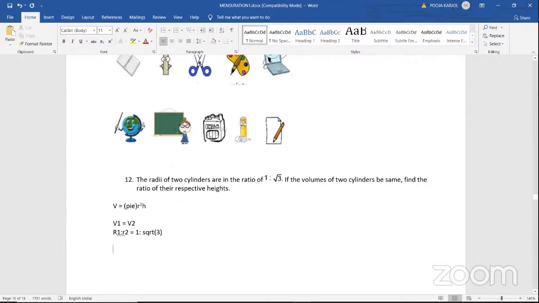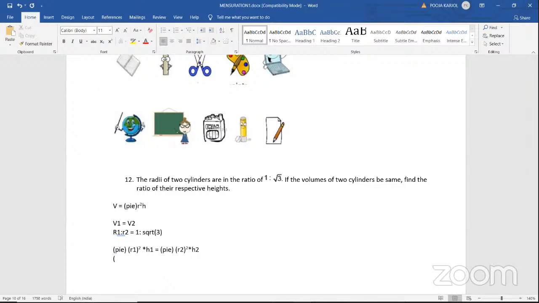Now I put it in the formula of V, it will be pi into R1 square into H1 is equal to pi into R2 square into H2. Okay, so pi cancels because they are constants.